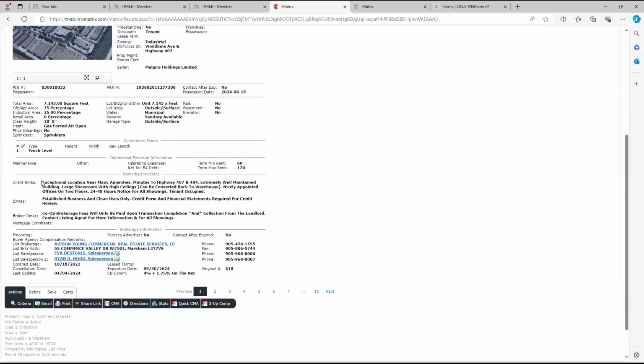And again, in the client remarks, whatever they describe about the property, you have to remember. Okay, so that's just things that people have been asking.